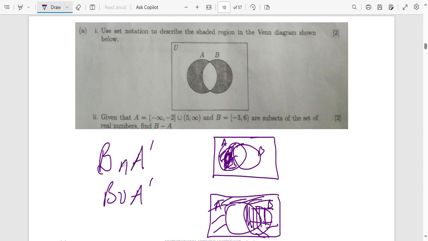Oh, I'm even shading the wrong set here. A complement. So this one is supposed to be A intersection B complement. What is outside B but is in A? I changed the values.